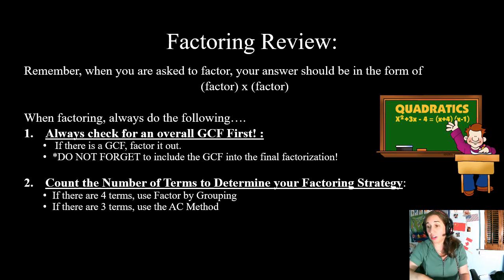And if there are 2 terms, we'll talk in our next lecture about what method we would use. So first, you're looking for an overall GCF. Second, you're counting the number of terms, and based on how many terms are in that polynomial is the method you will use. Today we're looking at trinomials, so we'll be using the AC method because we're looking at polynomials that have 3 terms.